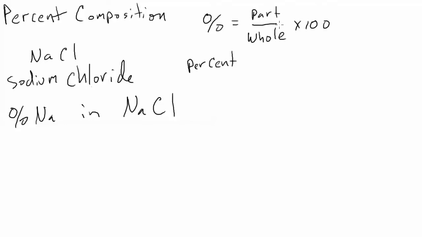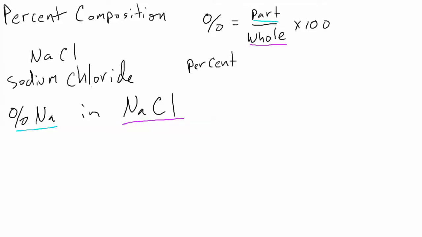Well, a percentage is a part divided by a whole. And so we're going to use molar masses here. I'm going to need the molar mass of sodium because that's the part that we want to find the percentage of. And I'm going to need the molar mass of sodium chloride because that's the whole. And a percentage is a part divided by a whole.